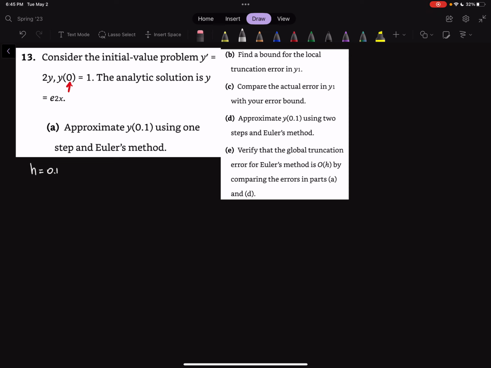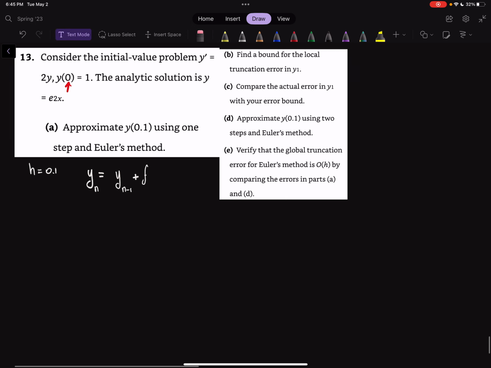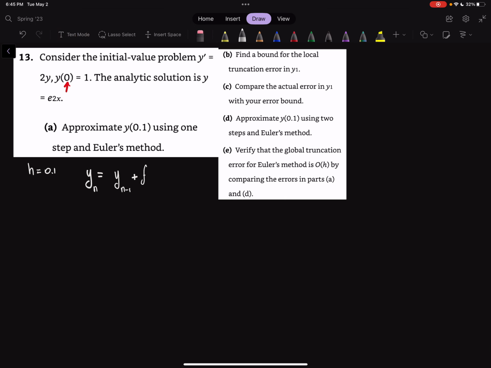So now, what is Euler's method? Well, I showed it to you in a previous video, but basically what it's saying is that the new output is equal to the previous output plus a function of the slope at the previous x and y, and I'm just going to write 0 here for the first one just to make it a little bit cleaner.